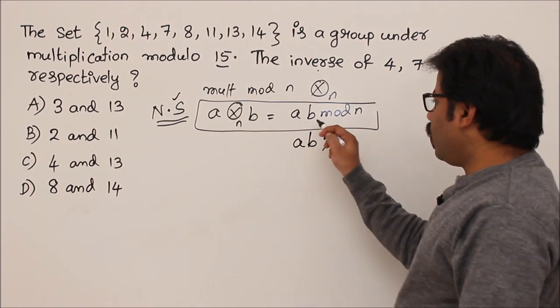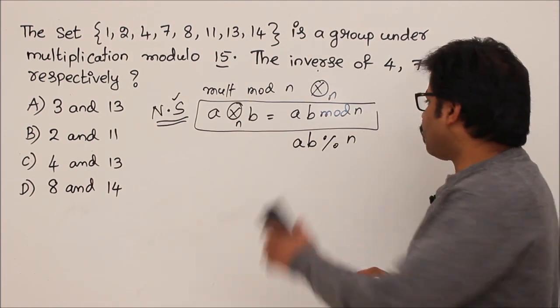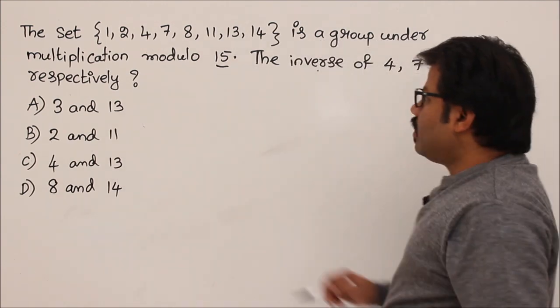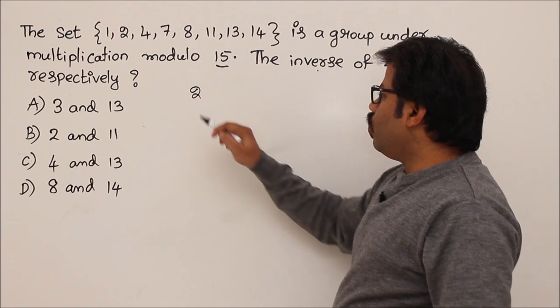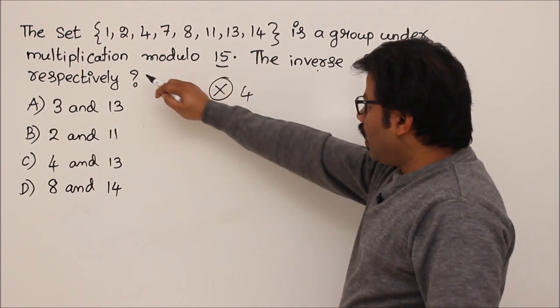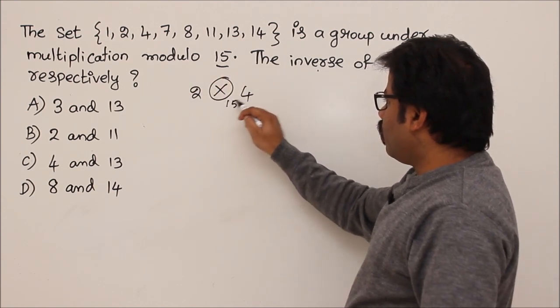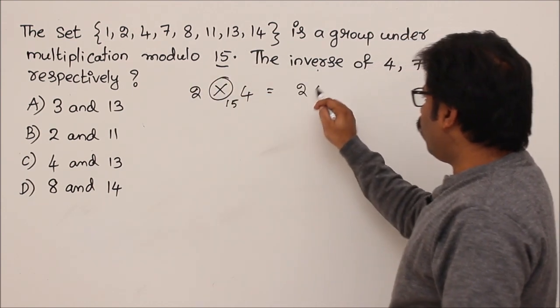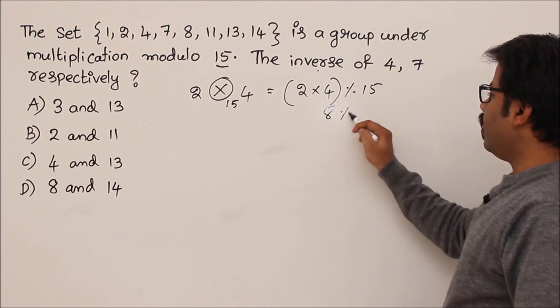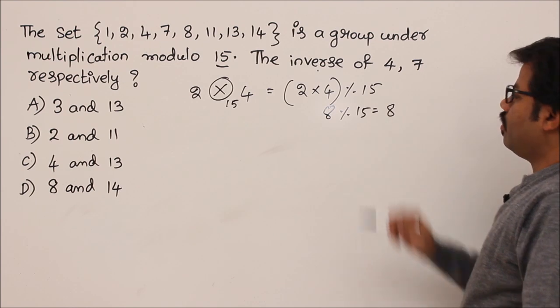Multiply the two numbers and take the remainder. Example, you have 2 and 4: 2 multiplication modulo 15 4 equals 2 into 4 percent 15, that's it. 8 percent 15 is nothing but remainder 8.